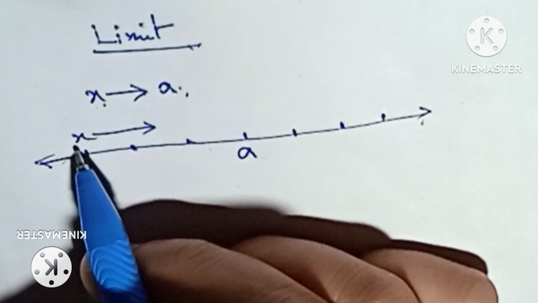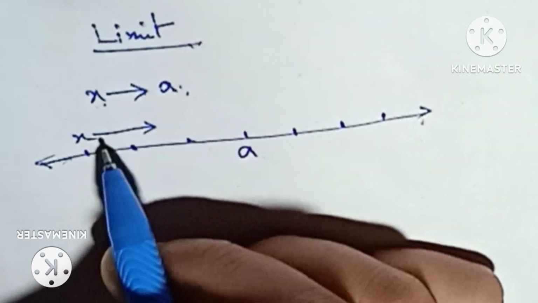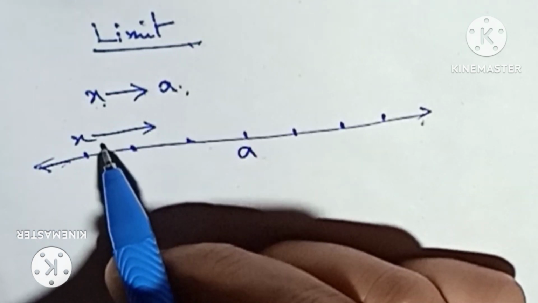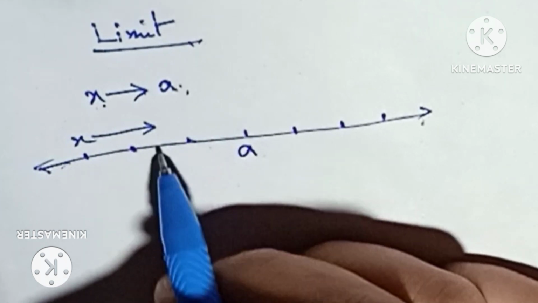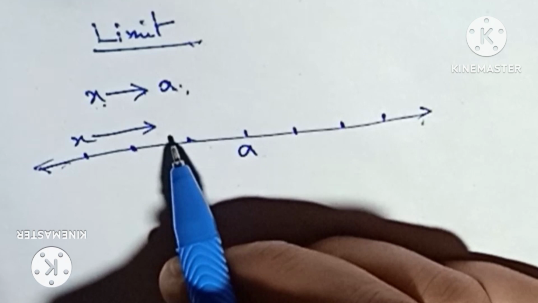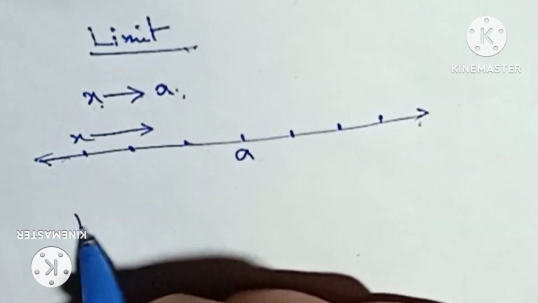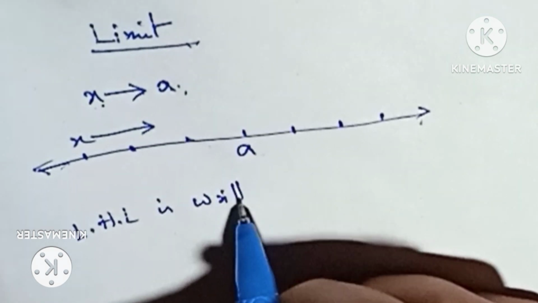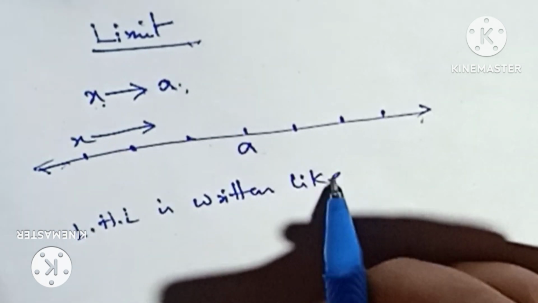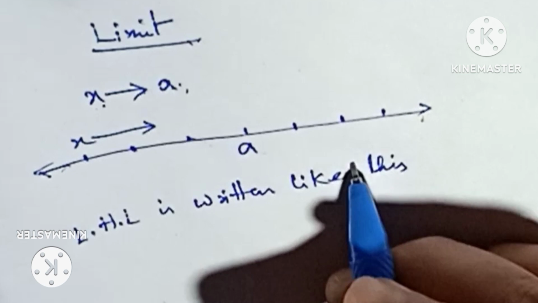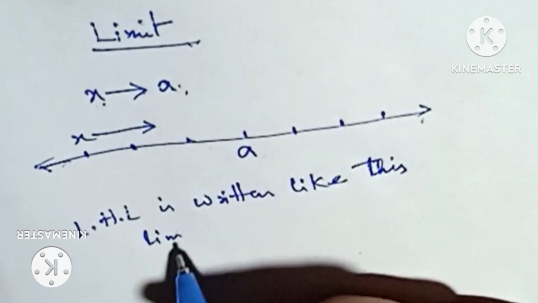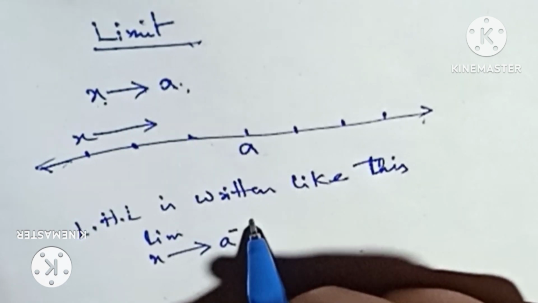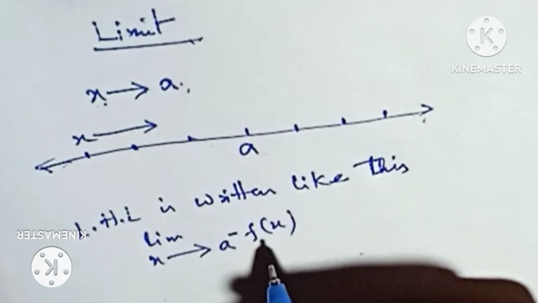If x approaches from a value less than a, that is from the left side of a, we consider it as the left hand limit, and it is written like this: limit x tends to a from the left side, f of x.